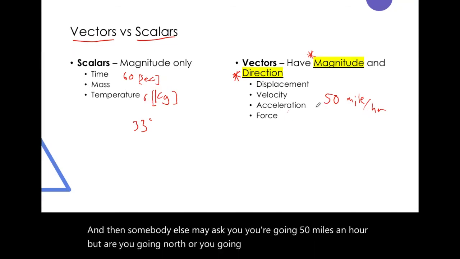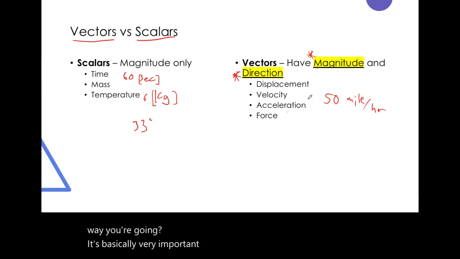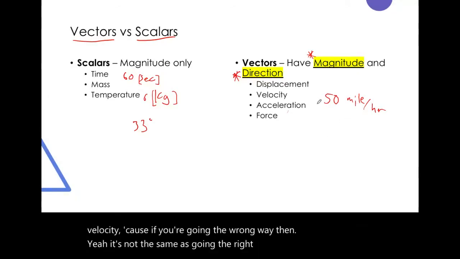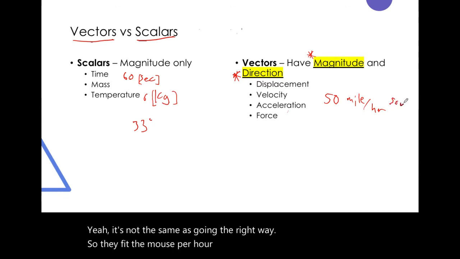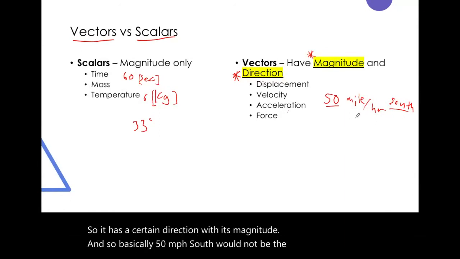Because which way you're going is very important when you're talking about something like velocity. If you're going the wrong way, it's not the same as going the right way. So you say 50 miles per hour south, or 75 south. It has a certain direction with its magnitude. 50 miles per hour south will not be the same as 50 miles per hour going north, right?